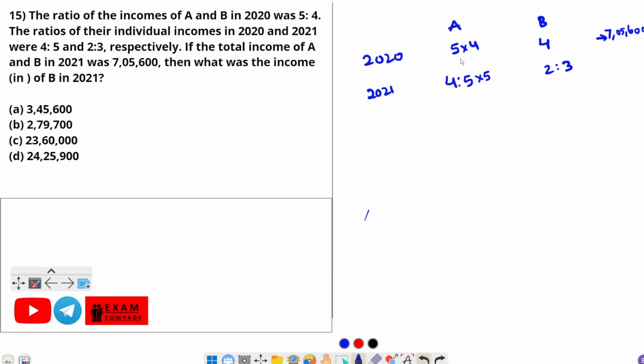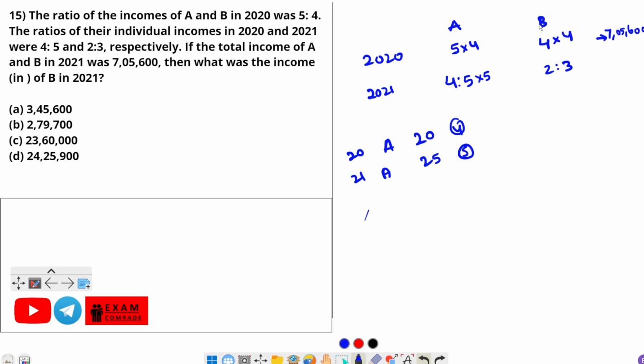That satisfies the condition that A's income in 2020 to 2021 is 4:5, right? As we have multiplied here with 4, we need to carry it out on this side also, because we need to maintain the ratio 5:4.